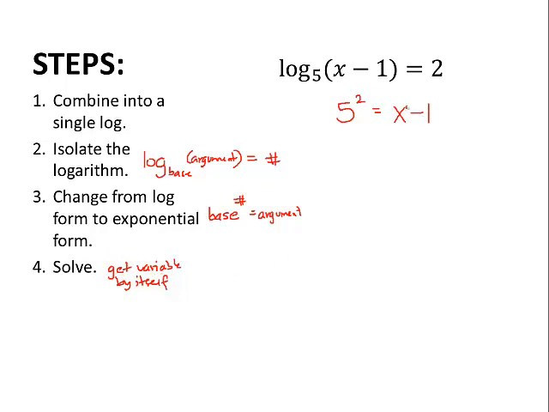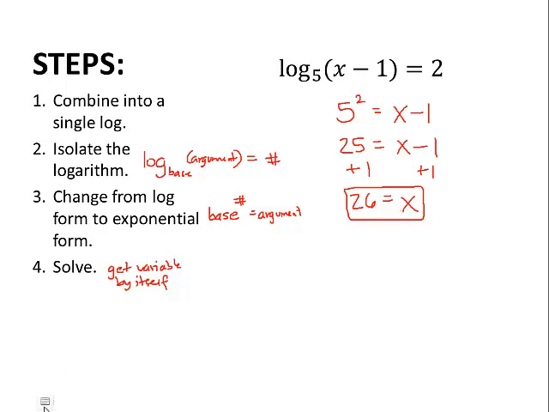All right, so here's our x. We want to get that by itself. I also want to do some simplifying here. Since I know what 5 squared is, let's write down that that's 25. But I think we only have one thing that we need to do to get x by itself, and that's to add 1 to both sides, right, to cancel out that minus 1. So we get x equals 26 is our final answer.